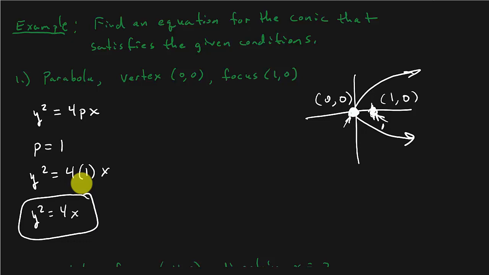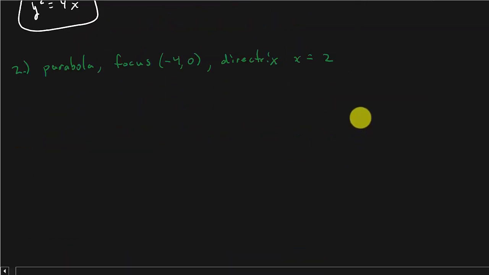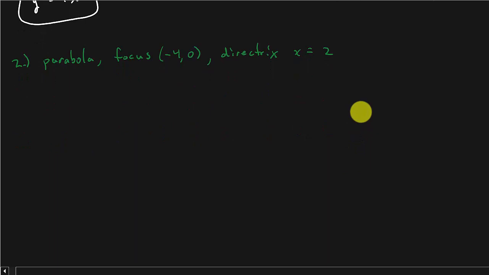All right. Let's look at the next one. So we've got a parabola. The focus is -4, 0. The directrix is x equal 2. Okay, don't panic, don't stress out. Just draw what you have.